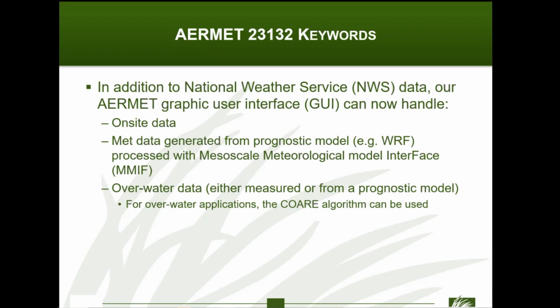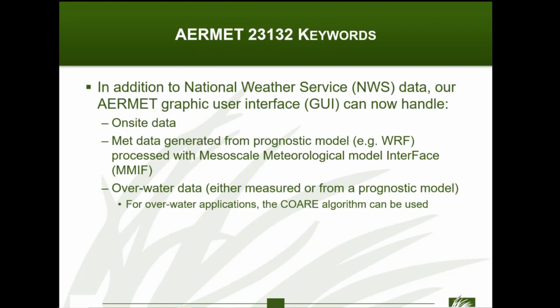So in addition to being able to process National Weather Service data, NWS, our AirMet GUI can also handle on-site data. And I'll mention the different definitions of that. It can also handle meteorological data generated from a prognostic meteorological model, like the Weather Research and Forecasting or WRF model.